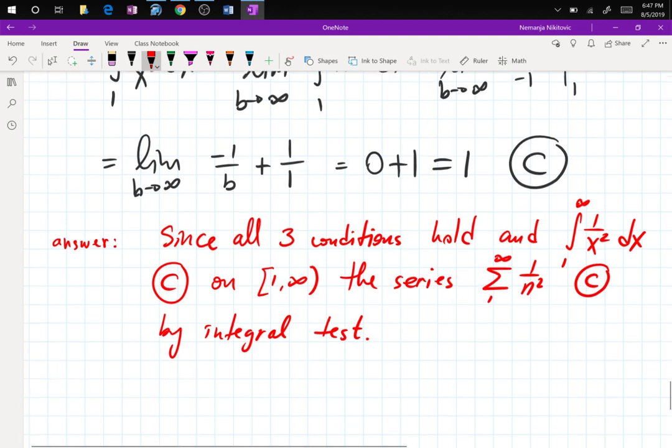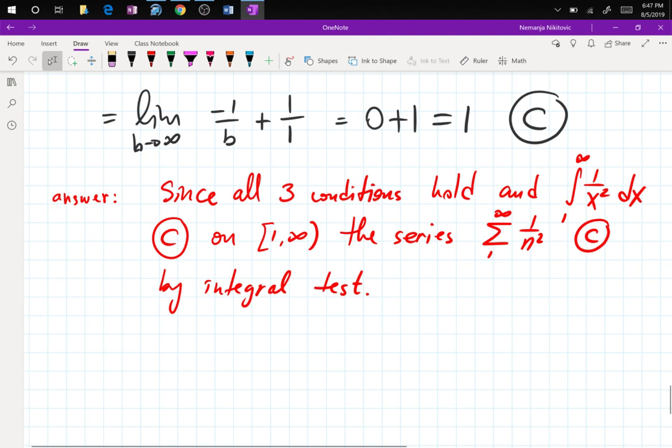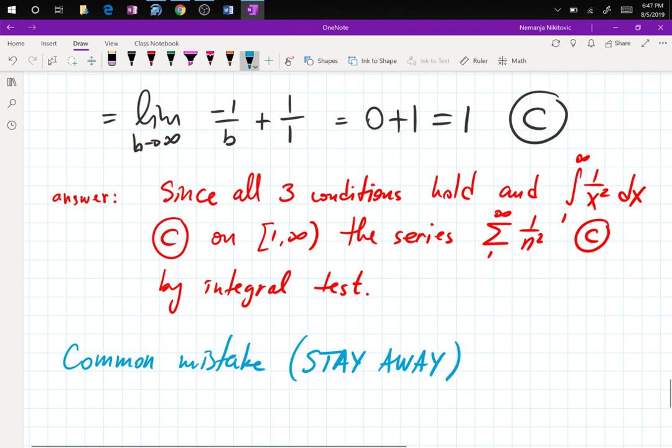I already used up red, so I guess I go blue. Common mistake. Stay away.